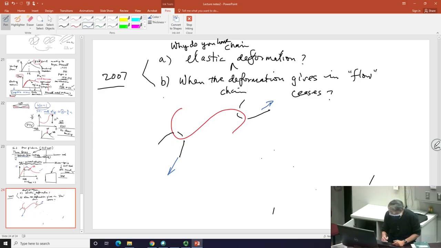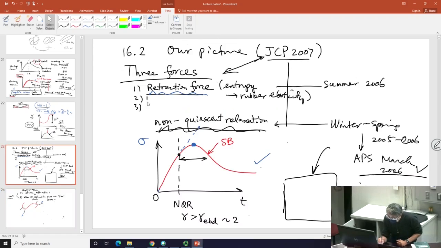In other words, we call that uncrossability. This uncrossability, apparently, is producing what our original words were, something like intermolecular or interchain grip force. Probably in the original paper, I call it gripping force.